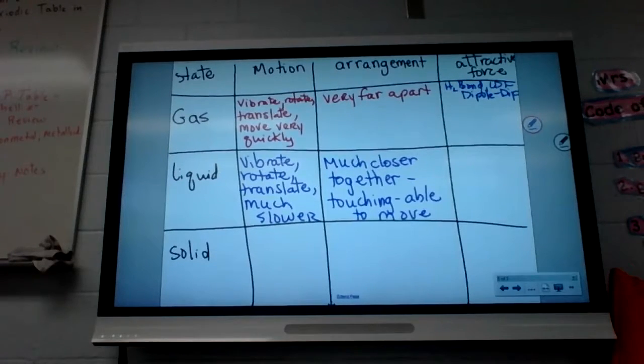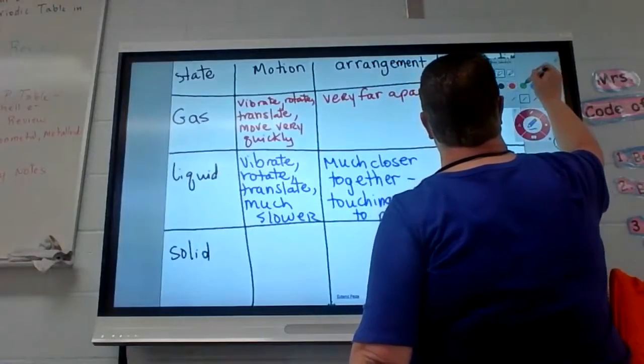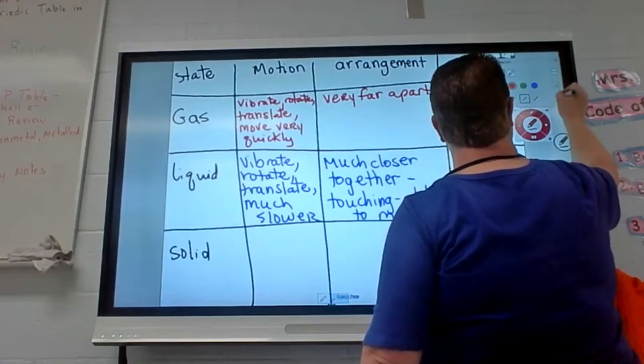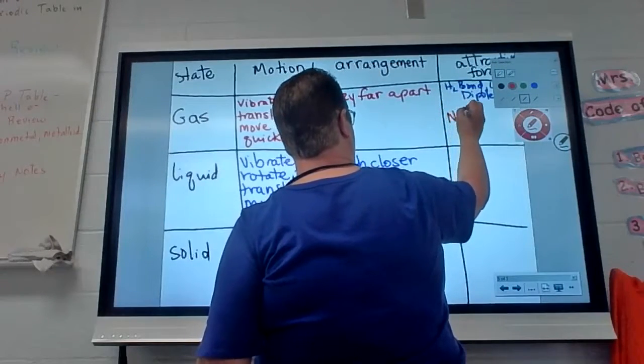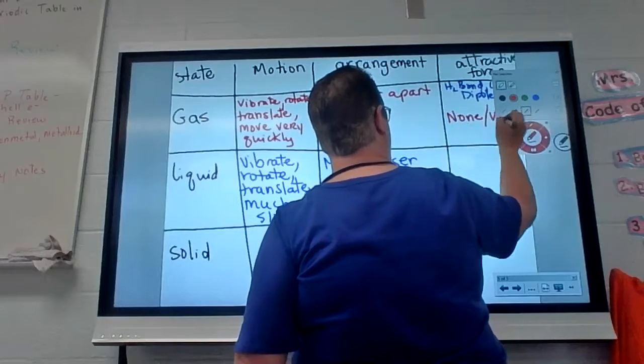I'm asking, do gases have any? I'm just putting them there because I don't have a place to stick them. You don't need to write them under that. Put them in your chart for all I care. All right, so do gases have an attractive force? None to very weak.